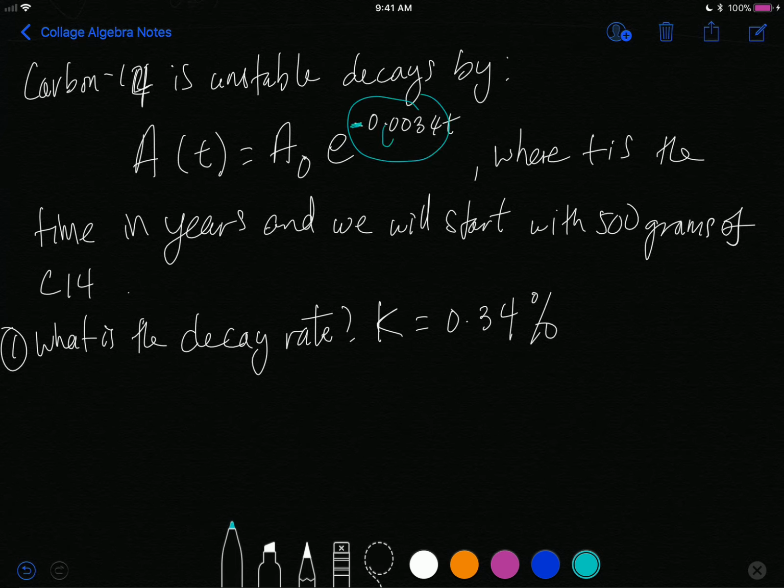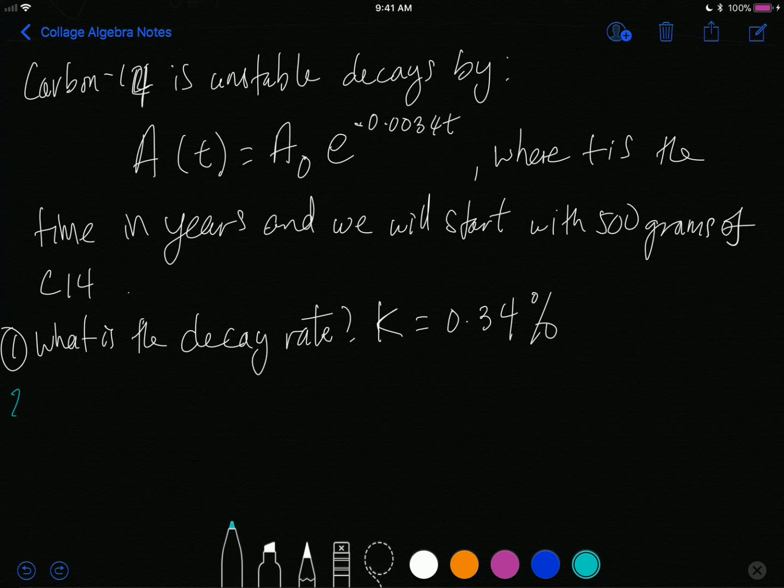If I move the decimal point twice, 1, 2, I end up with 0.34%. And so that means every year I lose about 0.34%, less than a percent of carbon 14 every year. So it's decaying, but not at a very, very fast rate. Again, move the decimal point twice right here.